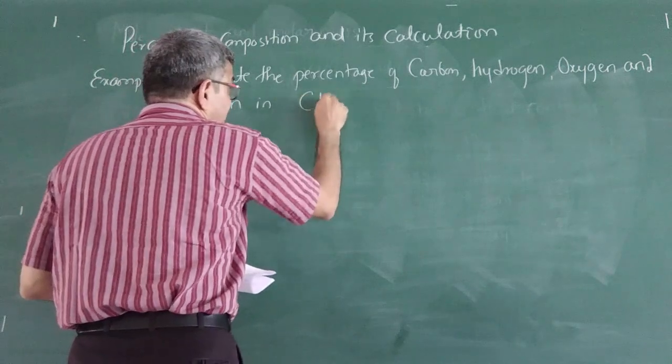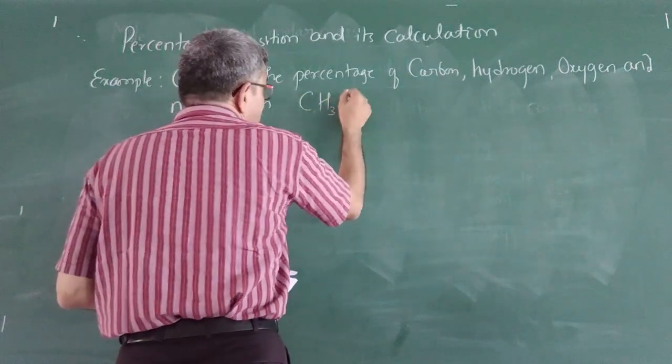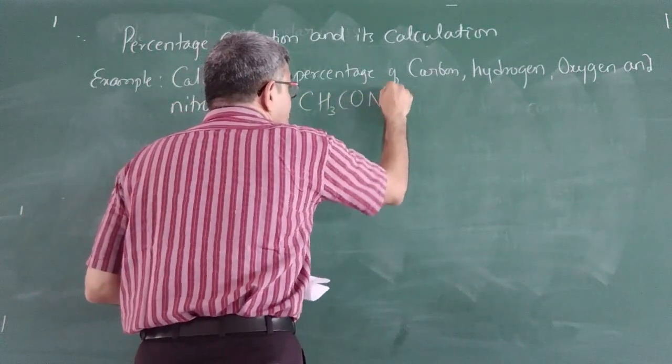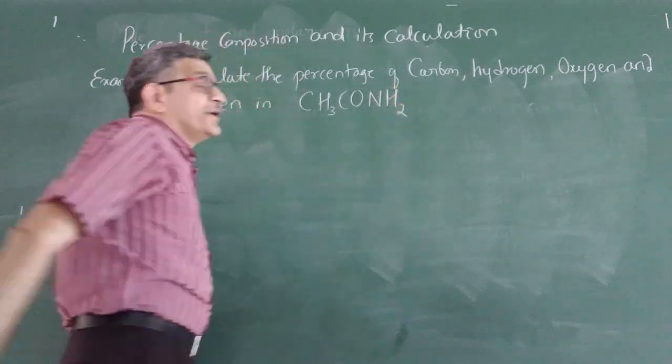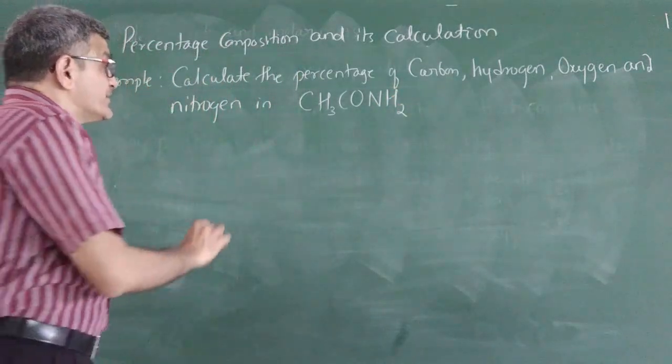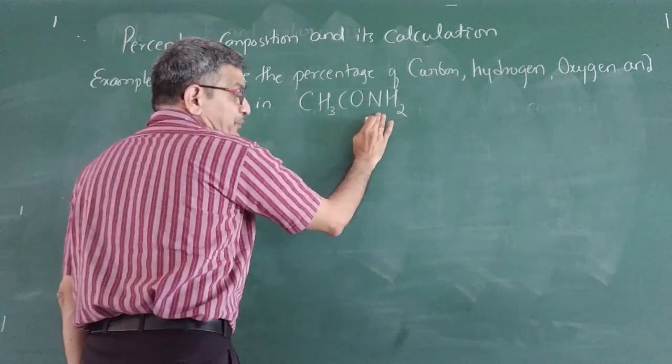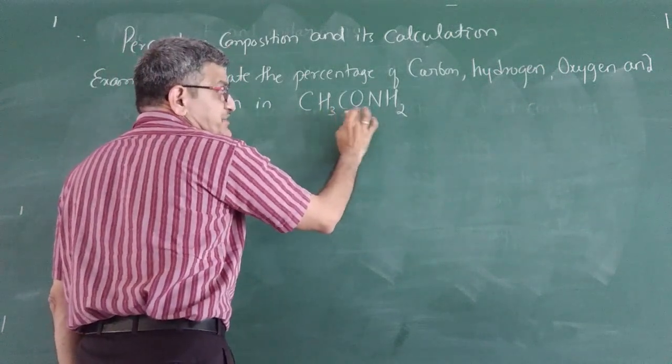It is a bracket formula, CH3CONH2. So now we put it. So this is the formula of the compound acetamide, CH3CONH2.